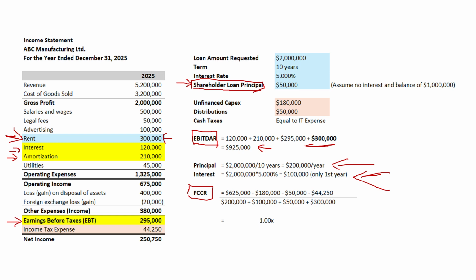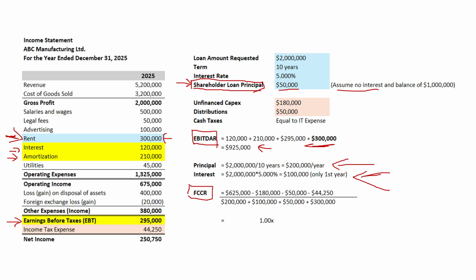Let's just say that this company has a shareholder loan repayment where they have to pay $50,000 in principal a year. And then they don't have to pay any interest because usually, when the company owes the shareholder or the owner money, the owner's not going to charge his own company interest. So the shareholder loans are usually interest free.